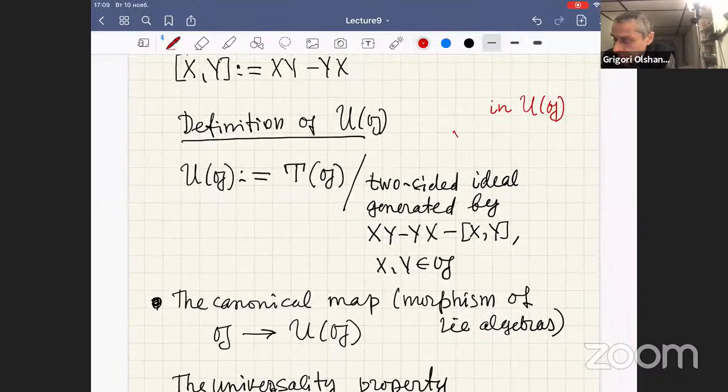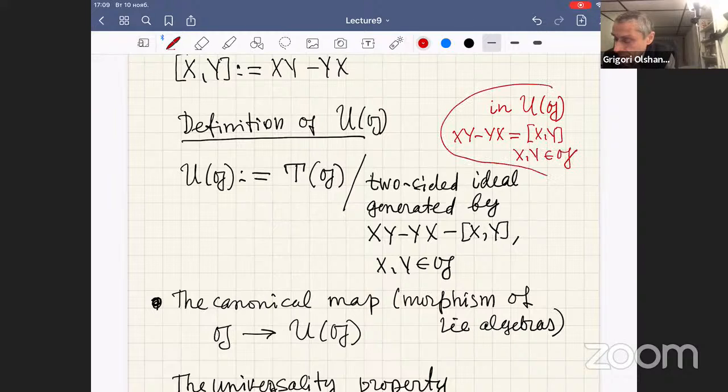We have xy minus yx equals the bracket of x and y, where x and y are arbitrary elements of our initial Lie algebra. So we want to have this relation. So this is our motivation for introducing this object.